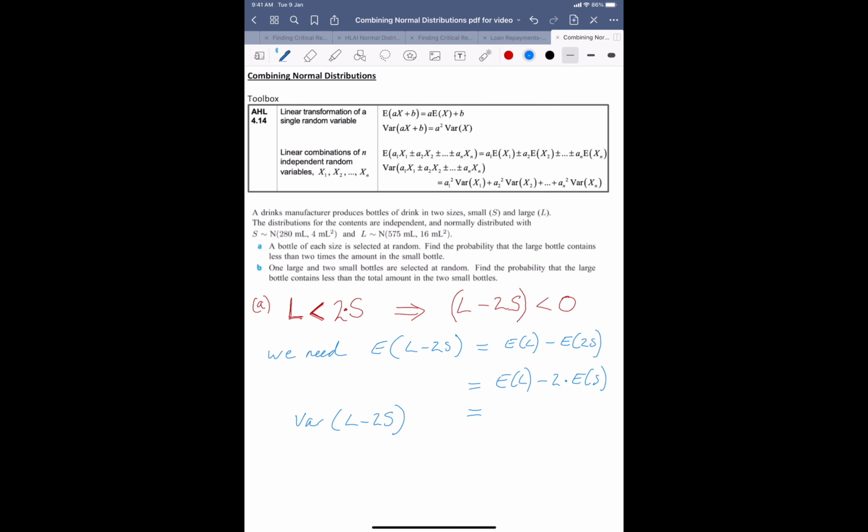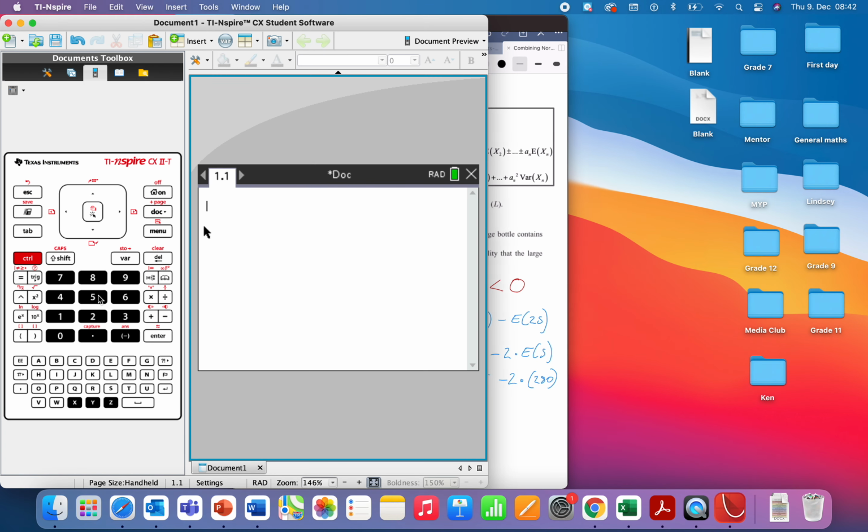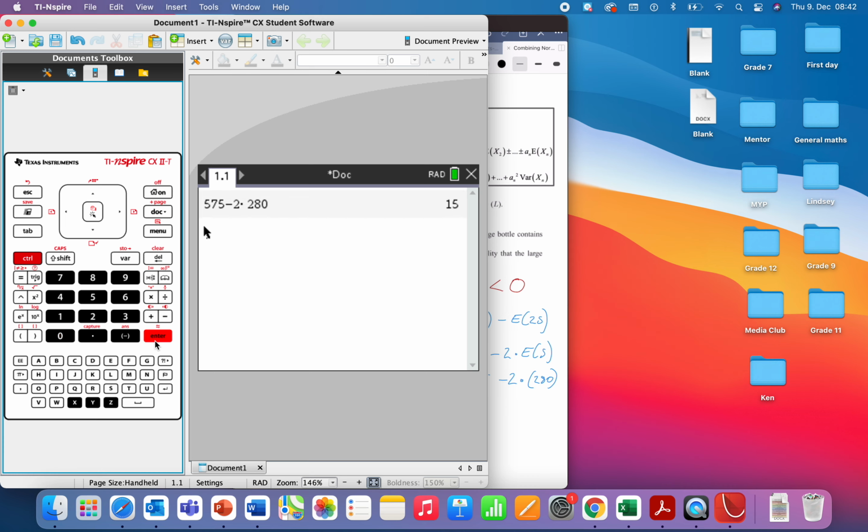So just transfer that in place, minus 2 times E of S. And E of S is the mean of the small bottle, which is 280. And then we just flick to our calculator, and we have 575 minus 2 times 280. I think I could have done this in my head, but I'll just check, and that's 15. Okay, so the new mean is 15, and that's 15 milliliters.